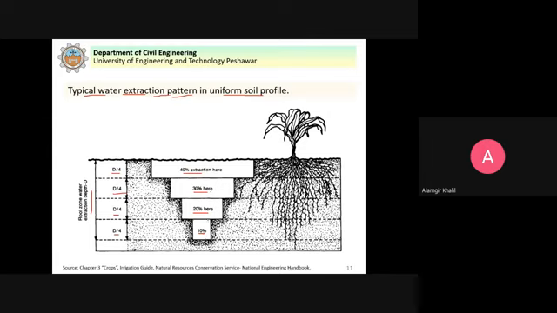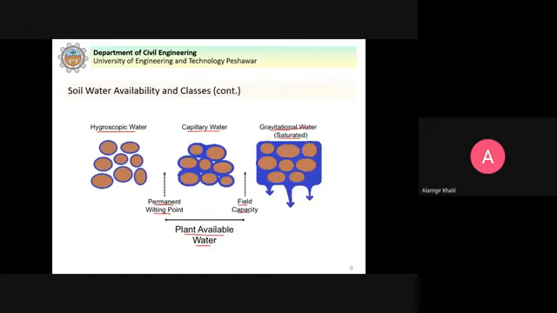As we go down, the extraction of water taken up by the plant roots to meet the evapotranspiration needs reduces. And that's why we talk here about the wilting point: the water that can be taken up by the plants is within this limit, the field capacity, and then the wilting point.